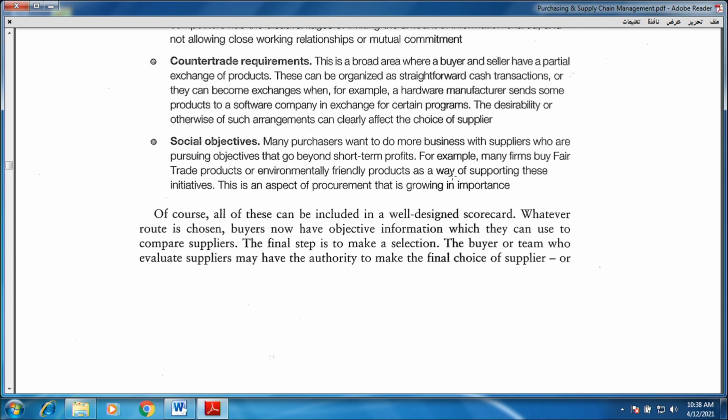Yes, sometimes we make our decisions for selecting suppliers regarding social abilities, social work, environmentally friendly products, and organizations that accept social responsibility, or feel social responsibility more than other suppliers in the environment.